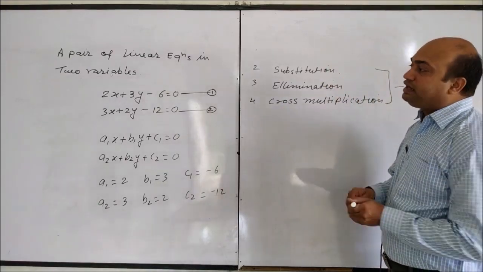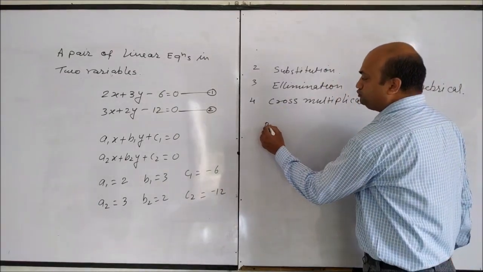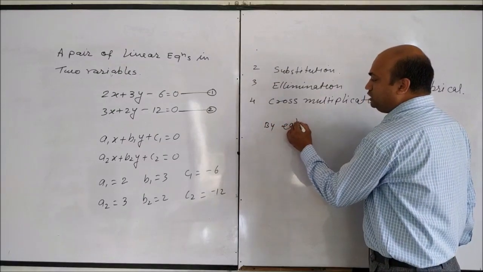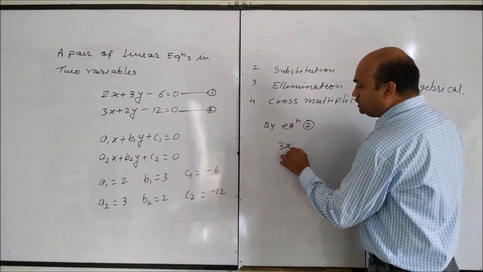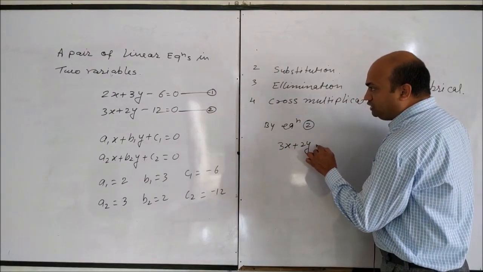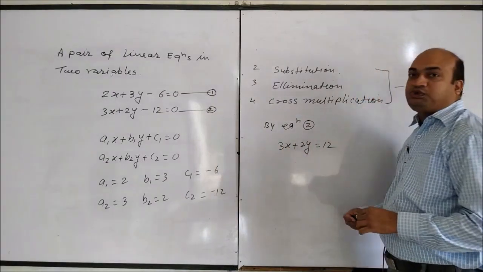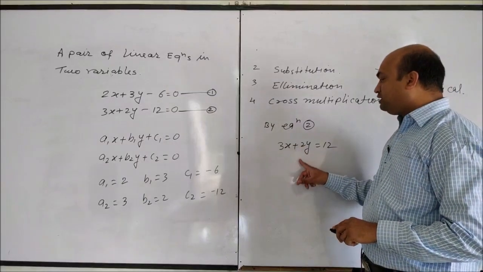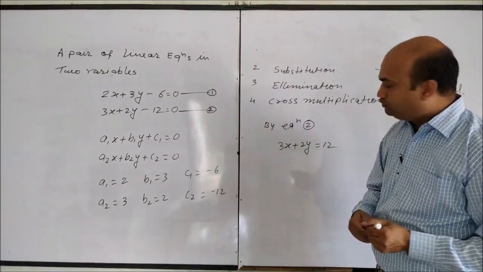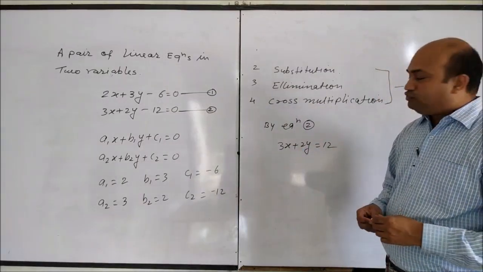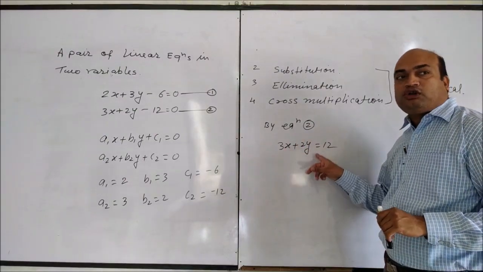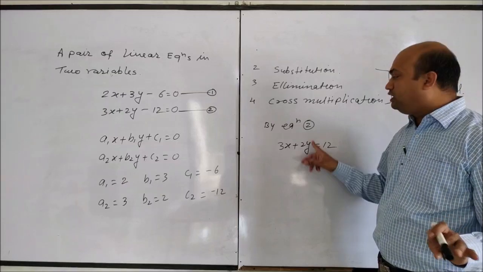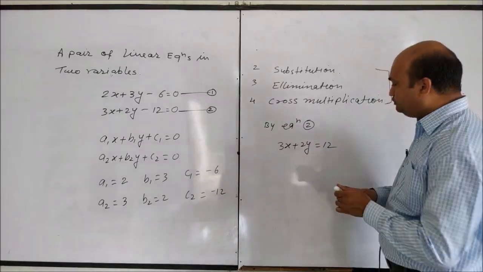Better we select equation 2. Equation 2 is 3x plus 2y minus 12 equal to 0, that is 3x plus 2y is equal to 12. We will find the value of y from here.